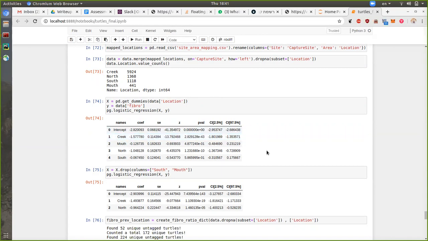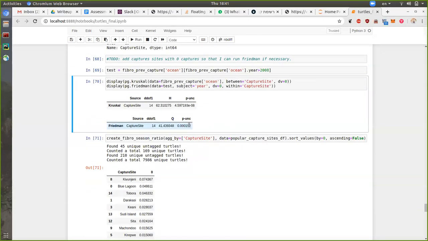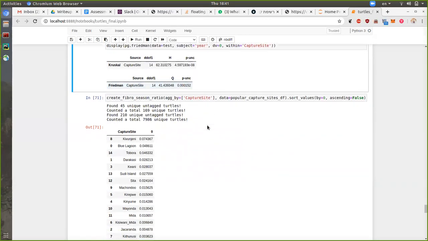Okay. So that's what we saw. We have a low p-value in the Friedman test. That means that some capture sites have a different mean prevalence than other capture sites, which is significantly different. Yes. Okay.